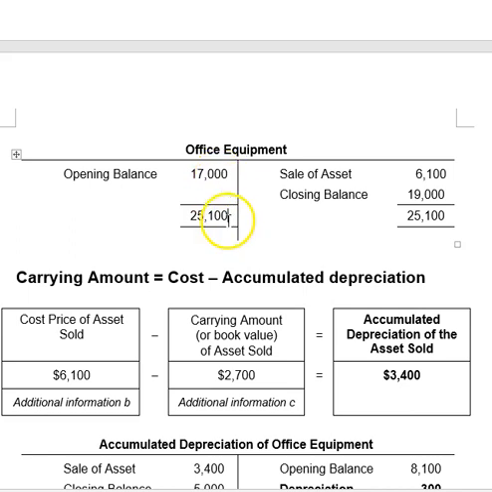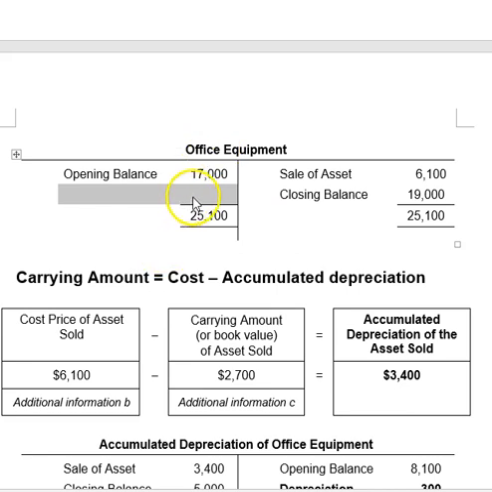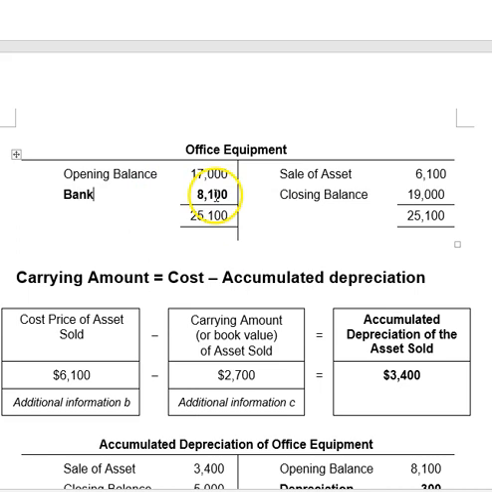And the difference between 25,100 and 17,000 is the amount of money I have spent on office equipment. So I spent 8,100 on new office equipment. When I buy new office equipment, debit office equipment, credit bank account 8,100. So this 8,100 is the amount of money I have spent on new office equipment.